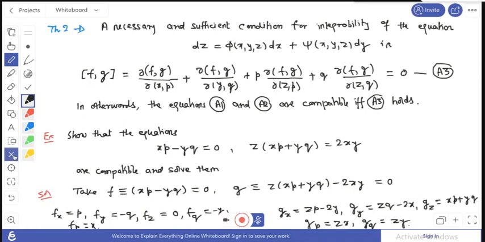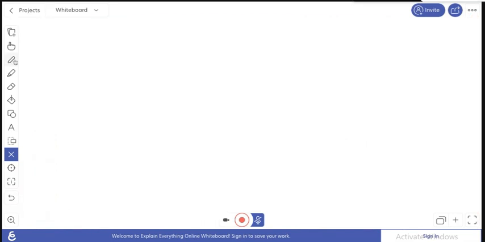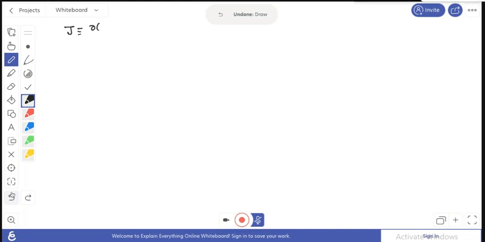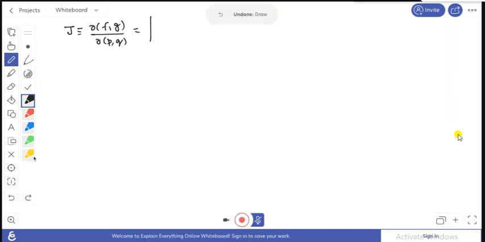So on the next page, we compute the Jacobian J. So here, what is J? J is the Jacobian of f and g with respect to p and q. So this equals fp, fq, gp, and gq.